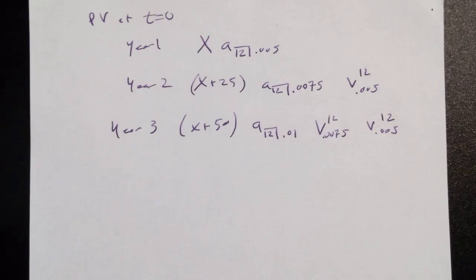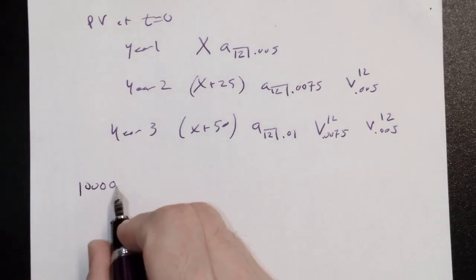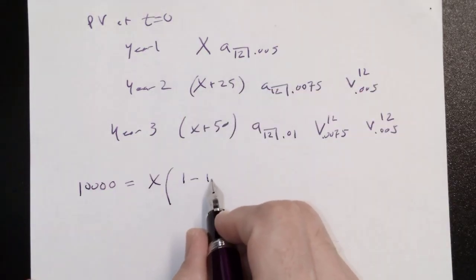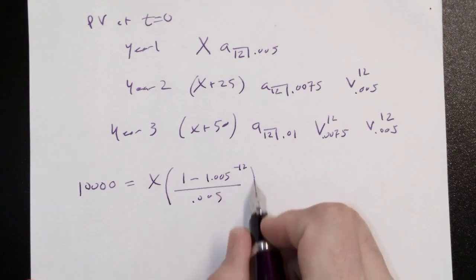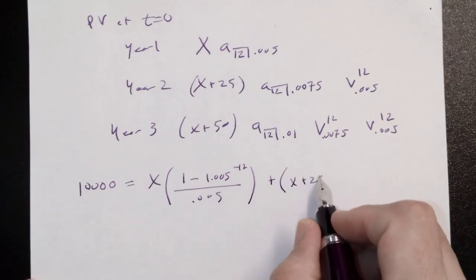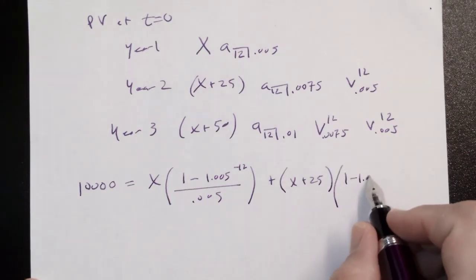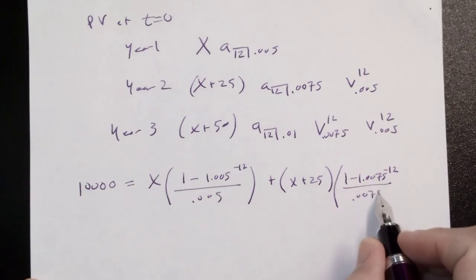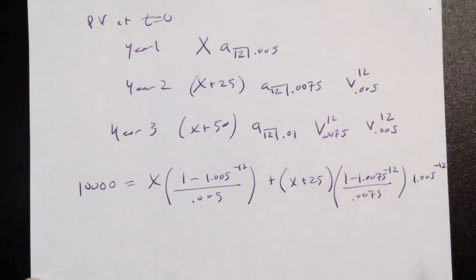How much was the value of the loan? $10,000. So 10,000 is equal to X A12.05, 1 minus 1.005 to the negative 12 over 0.005, plus X plus 25 times 1 minus 1.0075 to the negative 12 over 0.0075 times 1.005 to the negative 12.